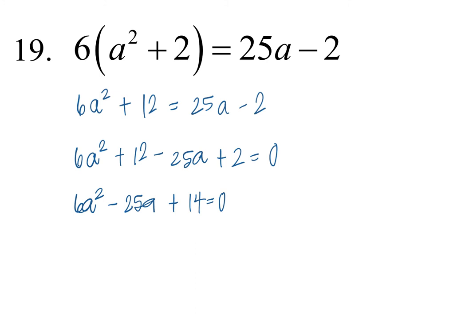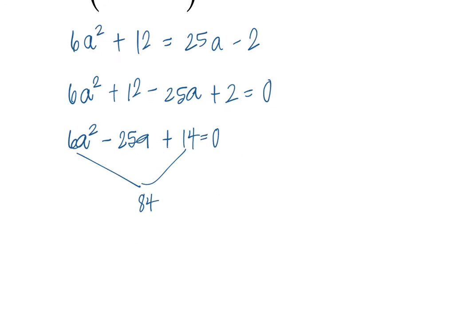Okay, so let's see. The first thing we're going to do as far as factoring goes is look for a GCF. And I was thinking I was going to be able to pull out a 2, but that's not the case. So now I'm going to use that AC method. And I'm going to look for what multiplies to give me 84 and what adds to give me negative 25. Well, if it's a positive 84, when you multiply to get a positive, your signs are the same. But now if you're adding to get a negative, then both signs will be negative.